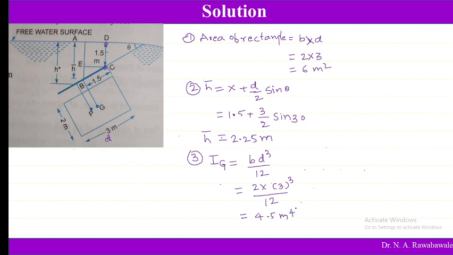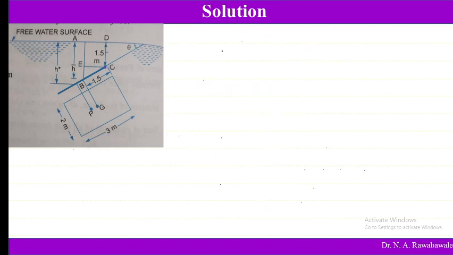Now to find out F, we have to use the formula: F, total pressure force, is equal to rho g A H bar. We know density of water, which is 1000 kg per meter cube, into g, acceleration due to gravity, that is 9.81, and the area of this rectangle is 6 meters square, into H bar. Just we calculated H bar as 2.25.